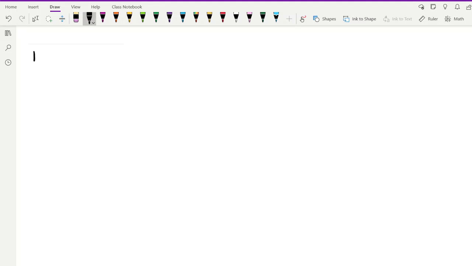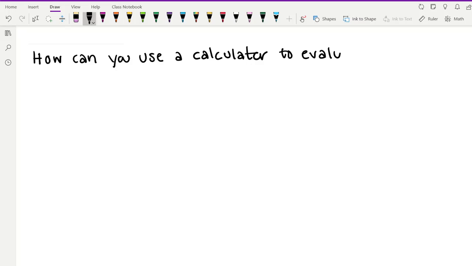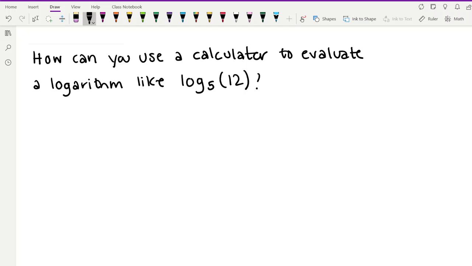So let me summarize that. How can you use a calculator to evaluate a logarithm like log base 5 of 12, one of these logarithms that you can't do by hand?